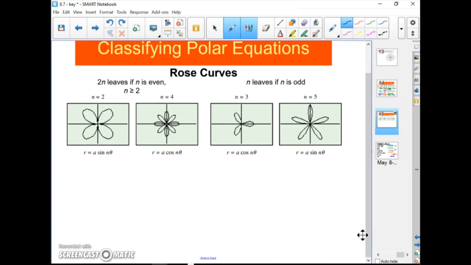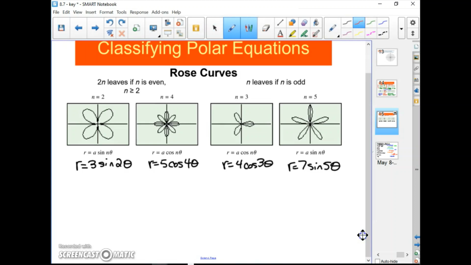Roses. You want to pay attention to the number of petals this time. If we've got something that looks like r equals 3 sine 2 theta, or here's r equals 5 cosine 4 theta, r equals 4 cosine 3 theta, r equals 7 sine 5 theta. What you should pay attention to is this number.